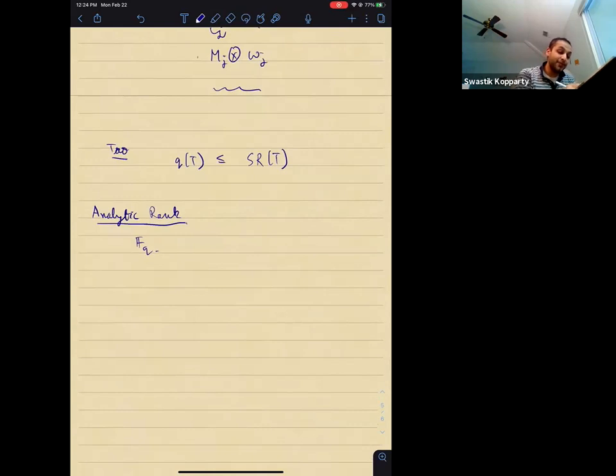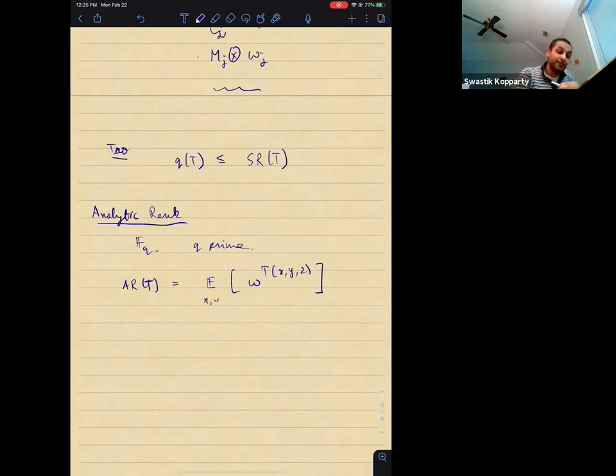So the analytic rank of a tensor T, its original definition, is in terms of the expectation of omega to the T of x, y, z. Let me explain what this means. Omega is a qth root of unity, and let's say q is prime for now.